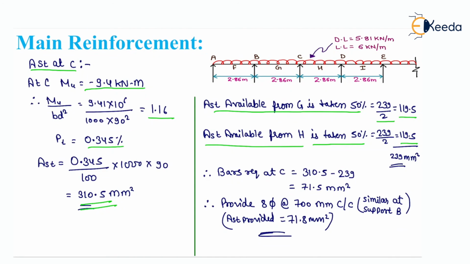On adding these two values, total Ast will be 239 mm square. Therefore, bars required at C equal 310.5 minus 239 and we will get 71.5 mm square, similar to the last case. Therefore, provide 8 dia bar at the rate of 700 mm center to center, for Ast provided equals 71.8 mm square.